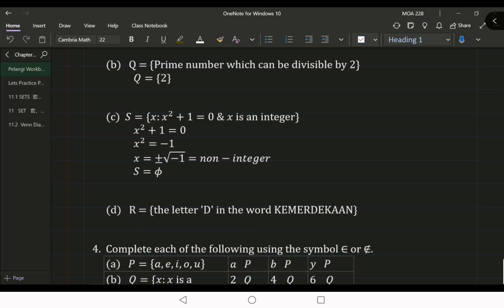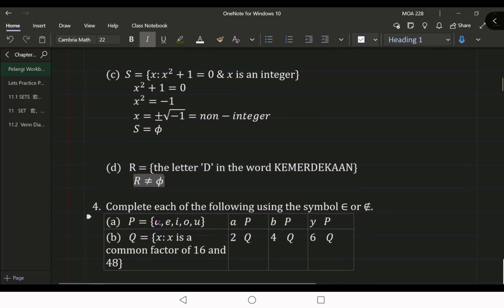So R is not the empty set. Okay, it's not the empty set. But we have a letter T in the word kemerdekaan. Okay. So go for the next question, number 4.